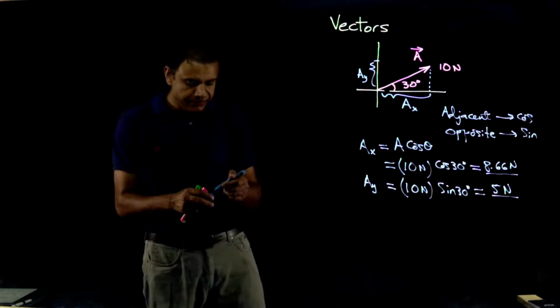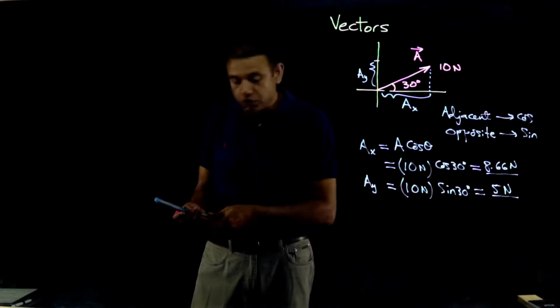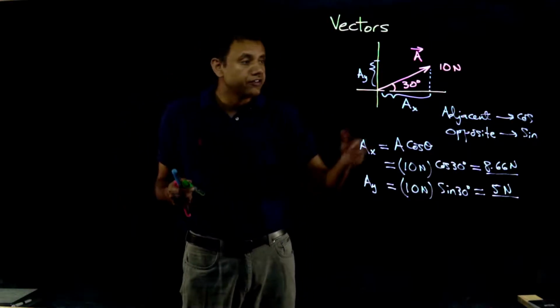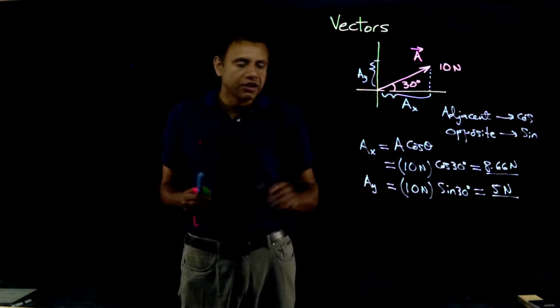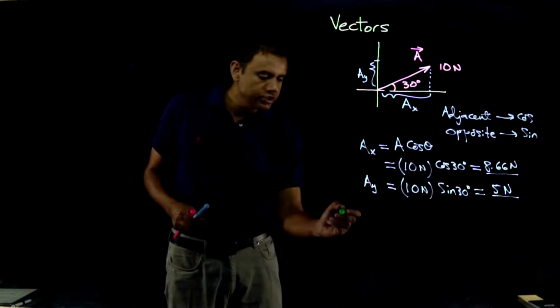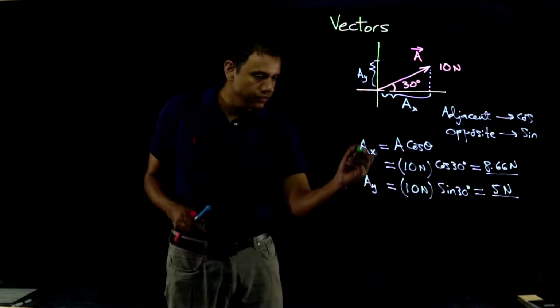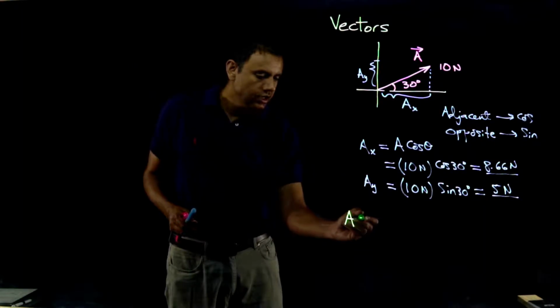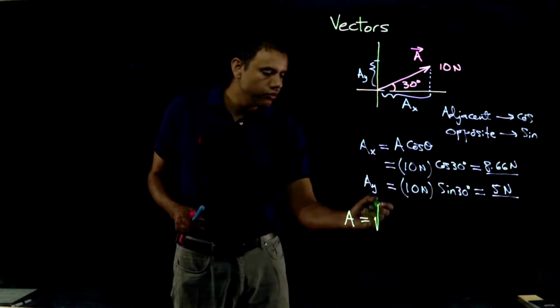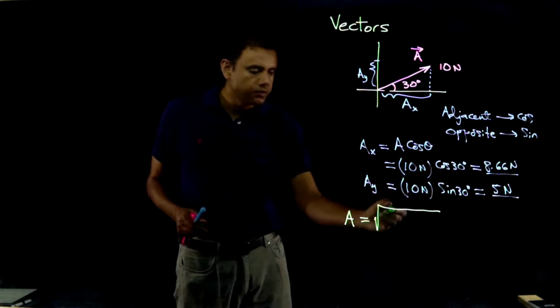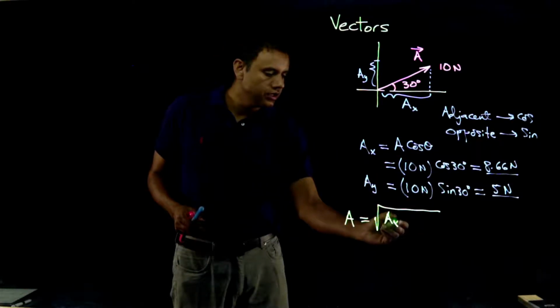This is how it's done. To get the total vector, in this case, you know the answer, it should be 10. Let's try. The resultant vector or the total vector A would be equal to the square root of AX squared plus AY squared. That's the equation.